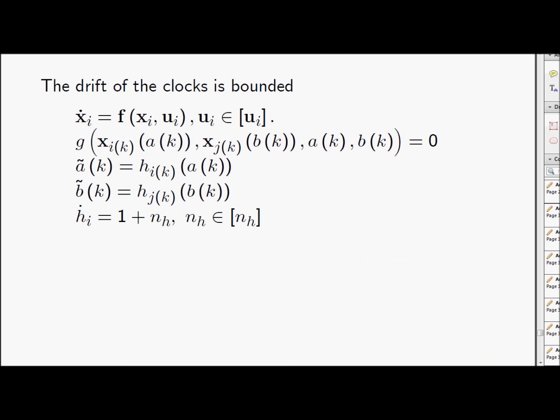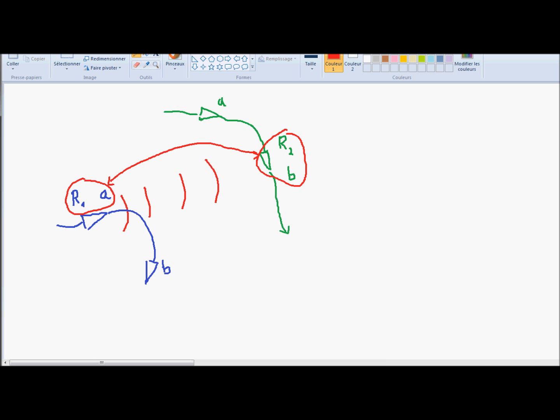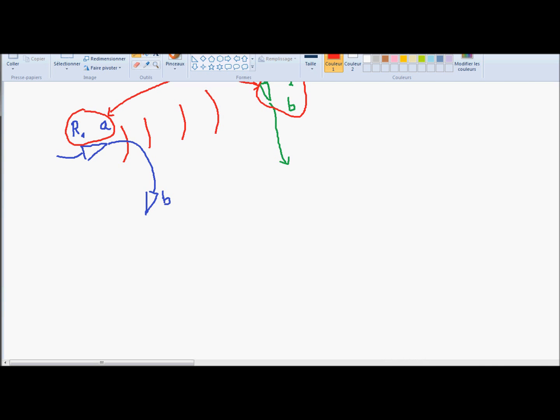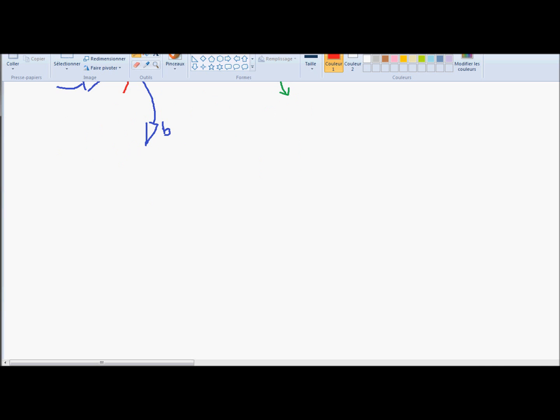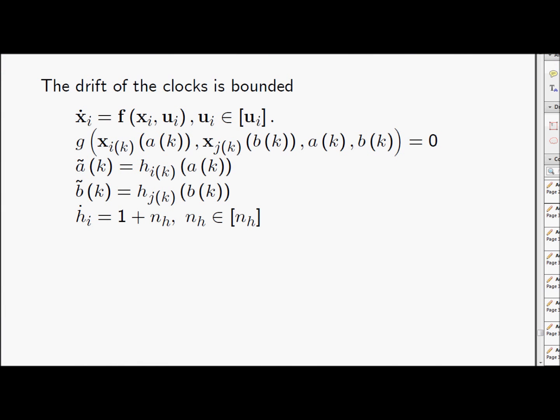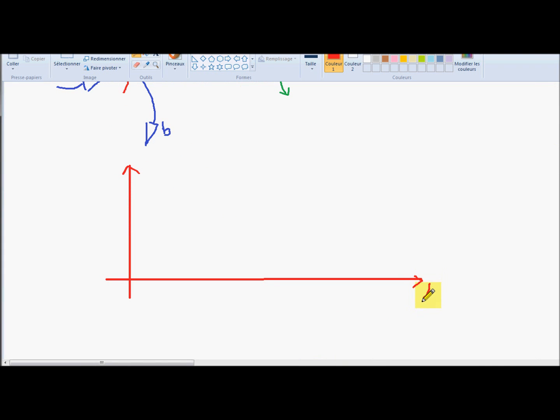I will try to represent it here. So my function h, I have here my time, let's say t, and my function h is something like this.